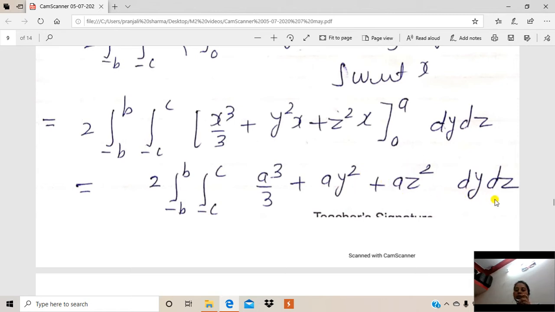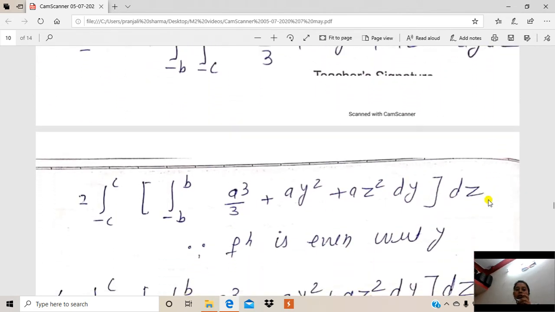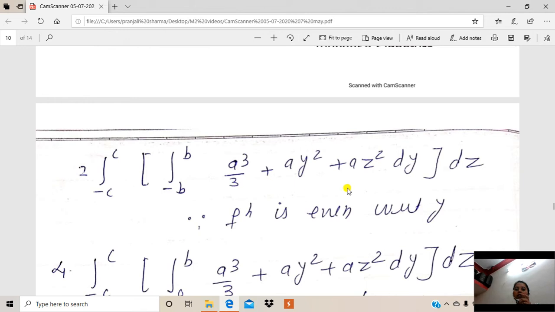Next we integrate with respect to y, treating z as constant, between the limits minus b to plus b. Again we check whether the function is even or odd. Since a y square is even with respect to y, and a cube by 3 plus a z square can be treated as constants, and constants are always even, the function is even with respect to y.